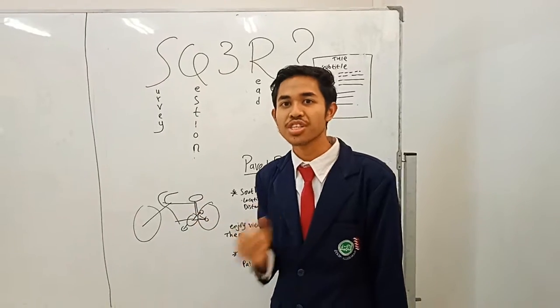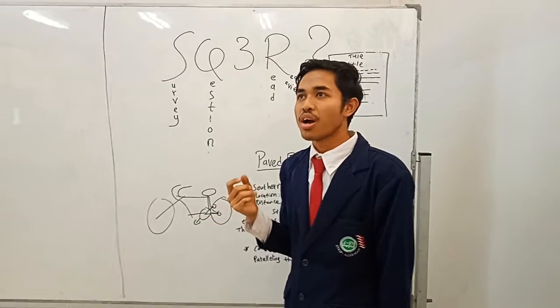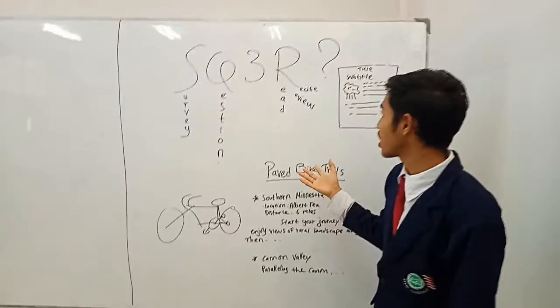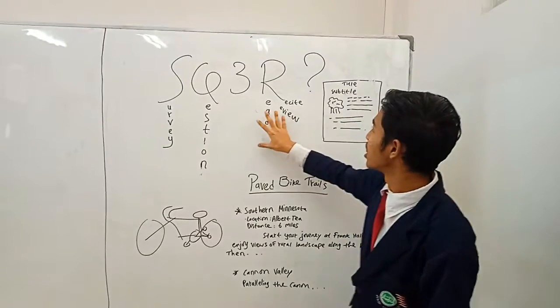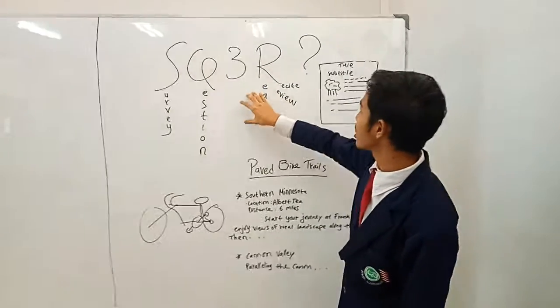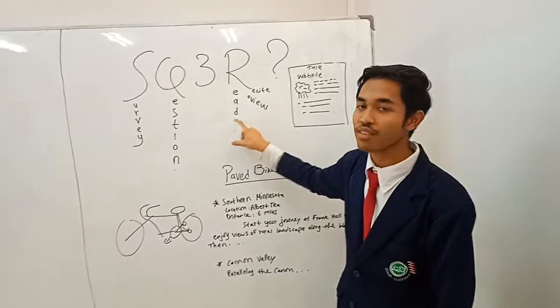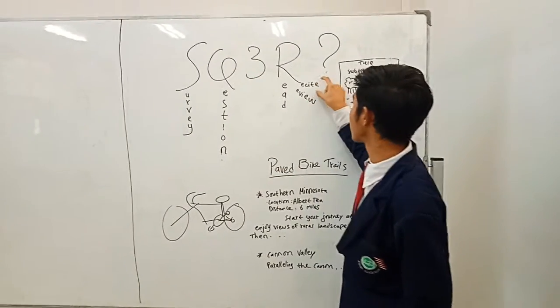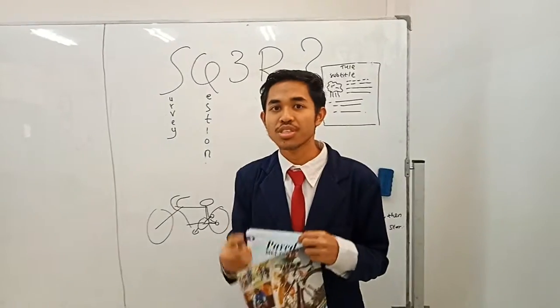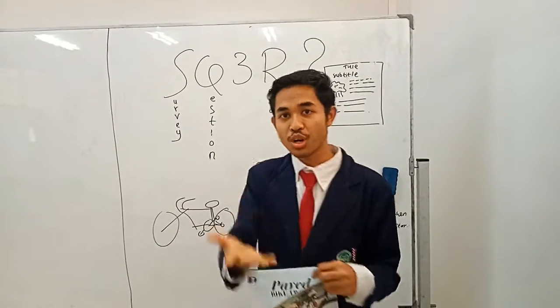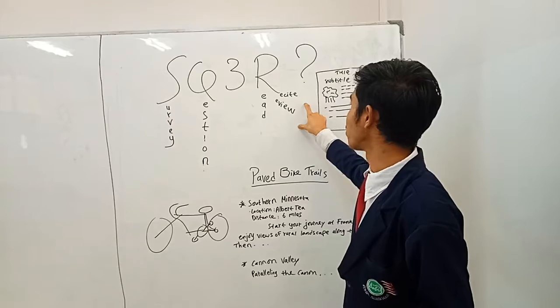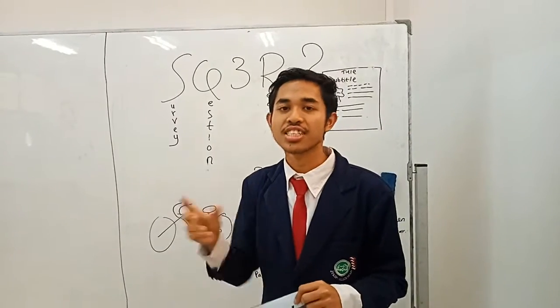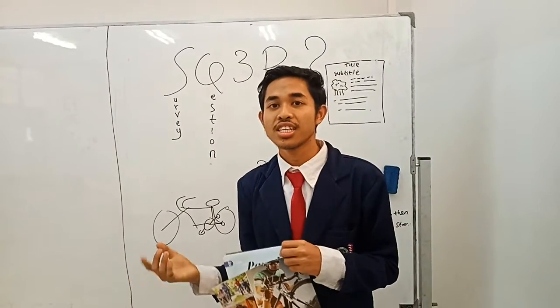We have to make a question, or guess what the text tells about. And then the third is 3R, read. You have to read to understand what the text is about. And then decide, you have to explain what the text is about based on your opinion. And then review. Review means you have to recheck whether your answer is correct or not.